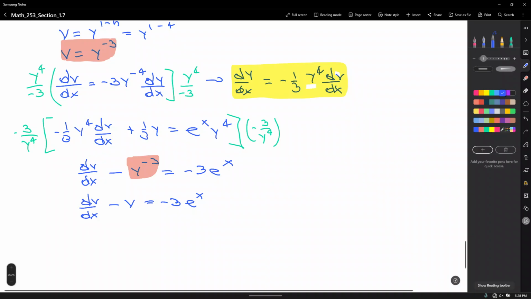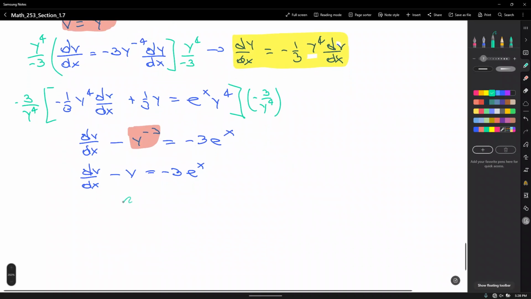And that's a linear equation with dependent variable v, and the independent variable is still x. We know how to solve this linear equation. Let's identify our p of x, which is simply negative 1, and our f of x, which is negative 3 e to the x.